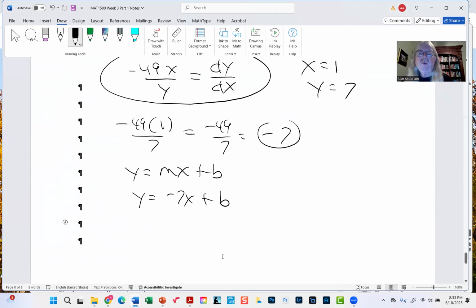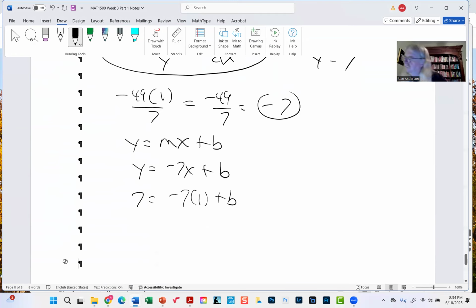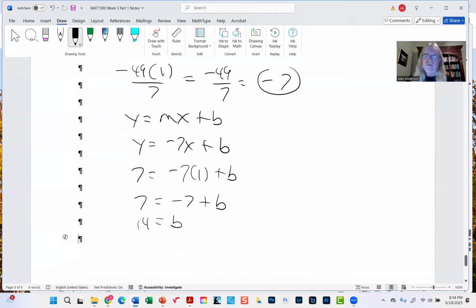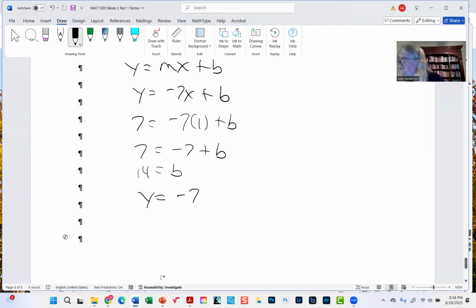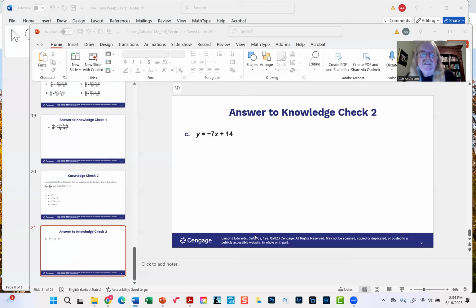And so the point they're giving us is (1, 7). So yeah, the equation is y equals -7x plus 14. Beautiful. All right. So that's that.